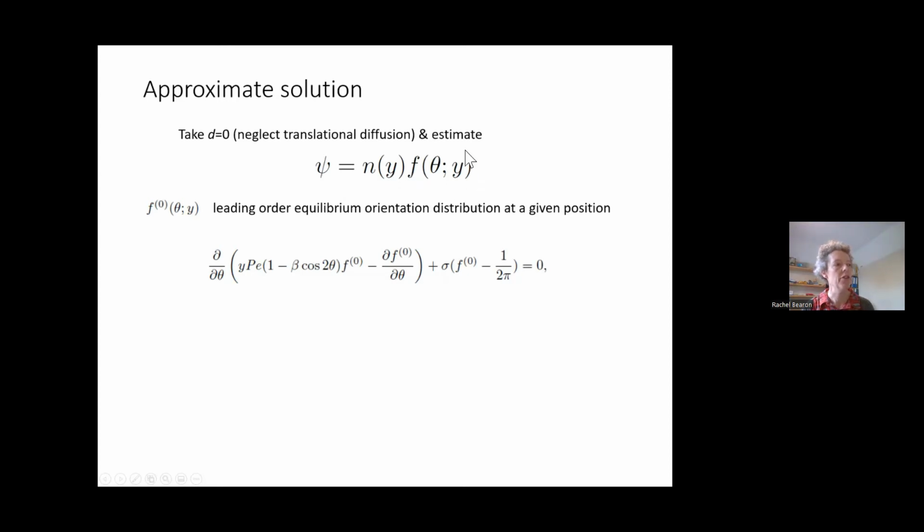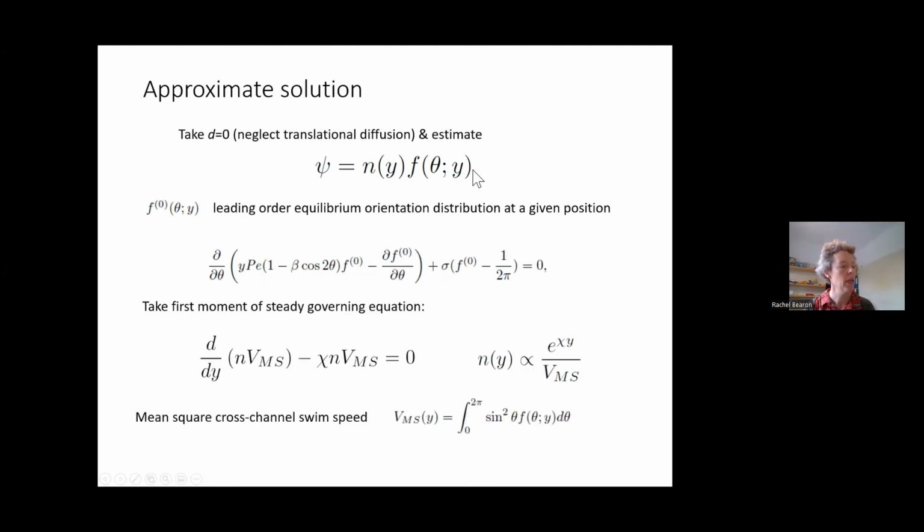When we substitute that in, we can find what the leading order equilibrium orientation distribution is at each position in y. Taking the first moment of the steady governing equation gives you this expression for what n is, and you can interpret n as being inversely proportional to this mean square cross-channel speed.